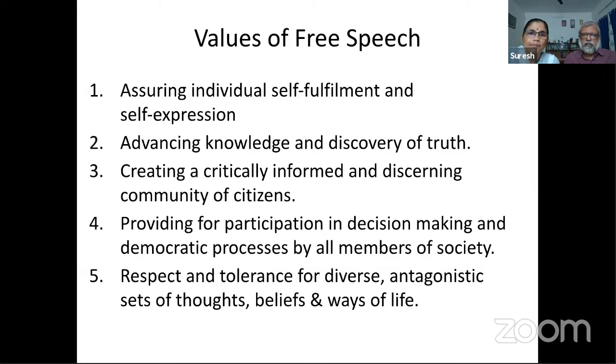So the price of restricting free speech actually is very, very heavy, and it could in fact impact generations to come. So that is why they said that one of the values of free speech is to advance knowledge and to discover truth.